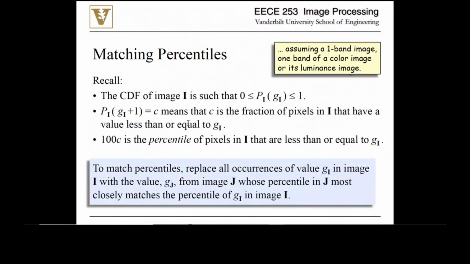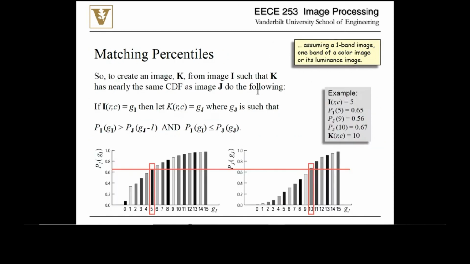Okay, so the trick is to match percentiles. So the cumulative distribution function, if you remember the y-axis, goes from 0 to 1. So that is a percentile. It's the percentile of pixels that have a value smaller than g_i.